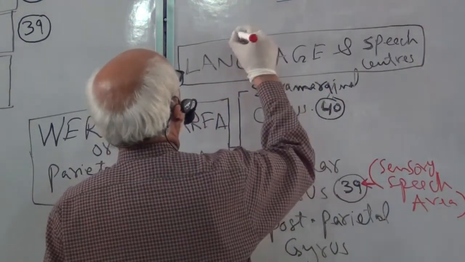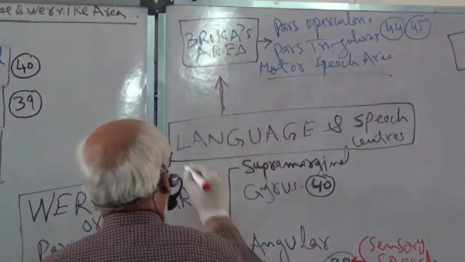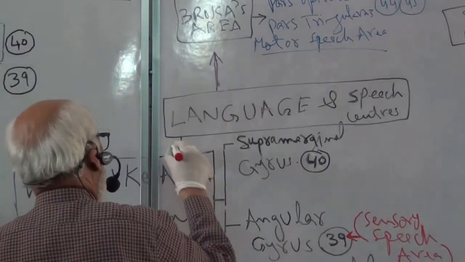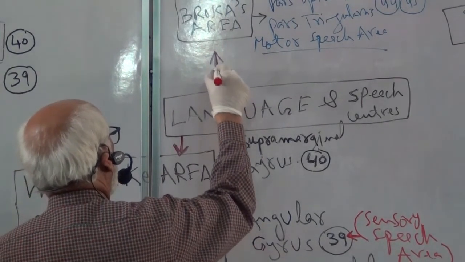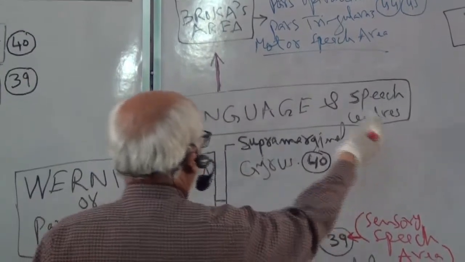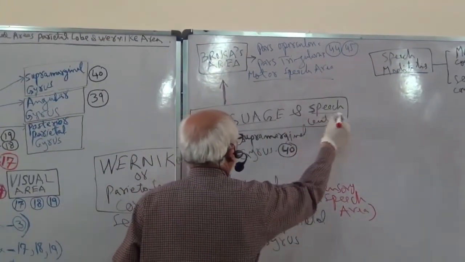On one hand is the motor speech area, Broca's area. On the other hand is Wernicke's area, sensory speech. These are the centers for language and speech.